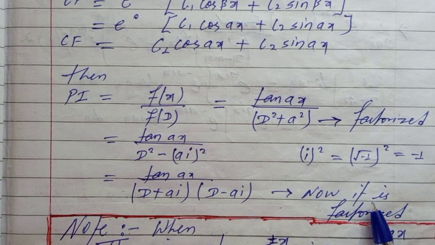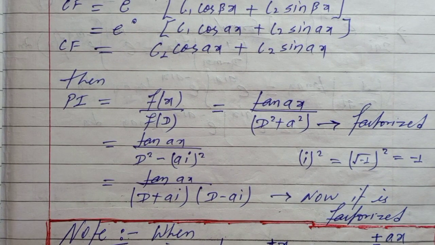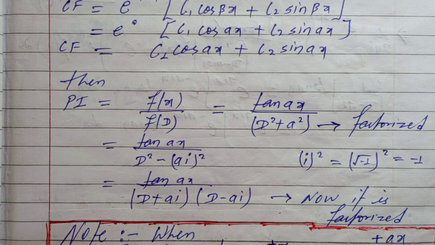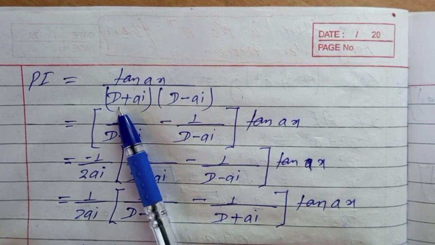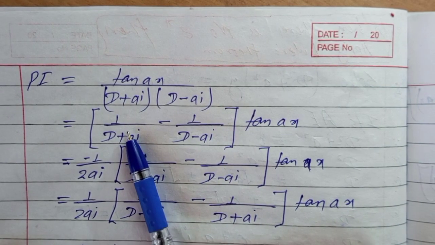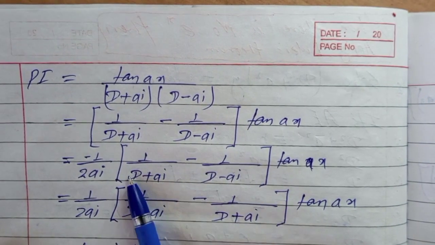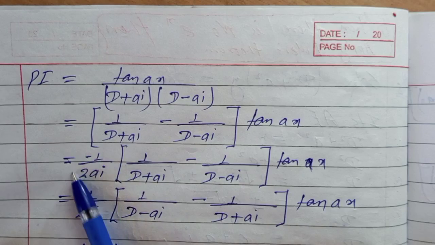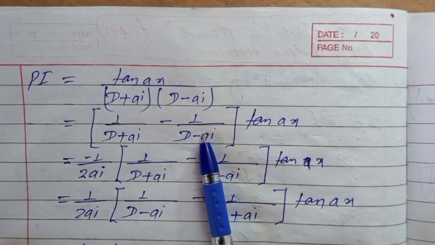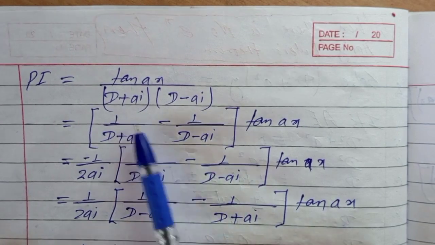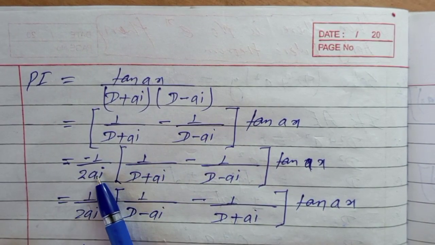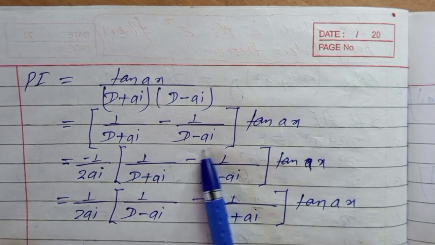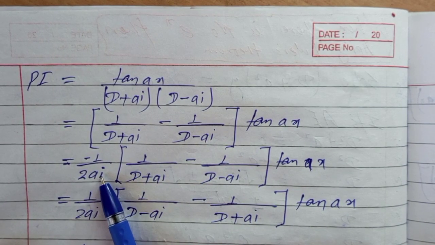Now it is factorized. Out of factorization we have to use our partial fraction concept, since the right hand side is not in the form of e to the power x. So we have tan ax divided by the factorized form of the function of D. On applying the partial fraction concept, we got this term. To separate, we need to balance the term, because when taking the LCM of the denominator, the numerator is cross multiplied, so 2ai will be an extra term on the numerator, so to balance that we multiplied with 2ai.